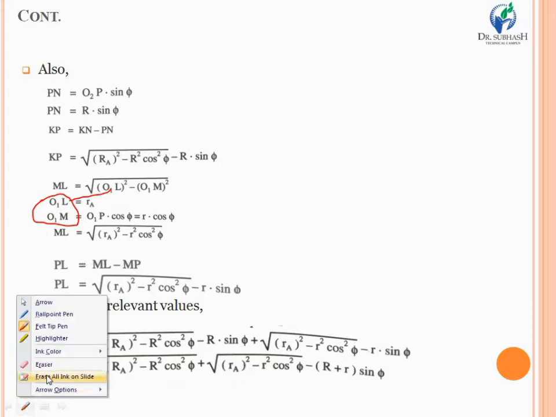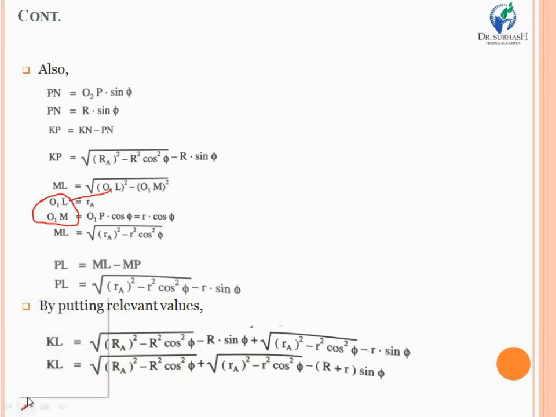Once you have obtained all the relations, it is very easy now to calculate PL. We know that PL is equal to ML minus MP, and putting the relevant values of ML and MP, you have PL equal to under root RS square minus R square cos square phi minus r sin phi.